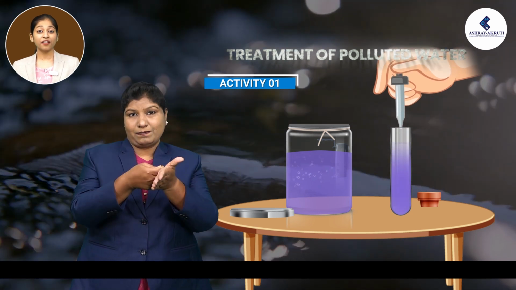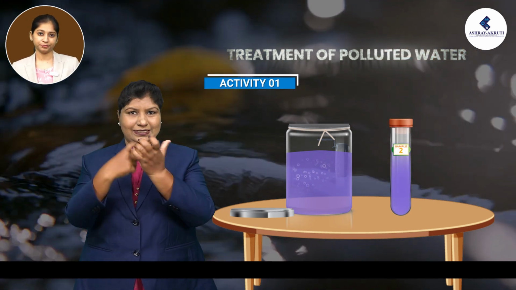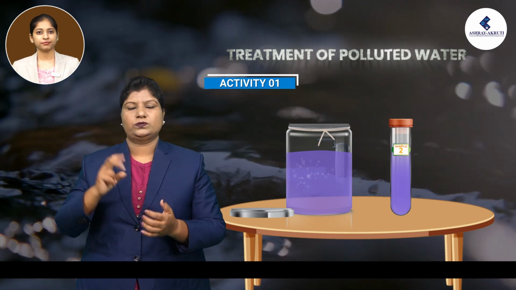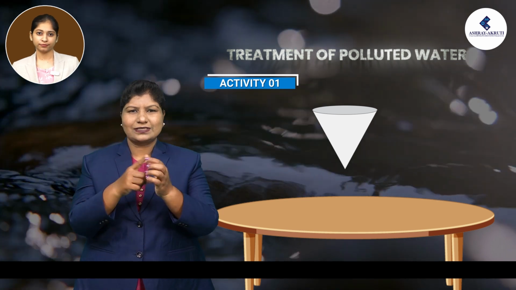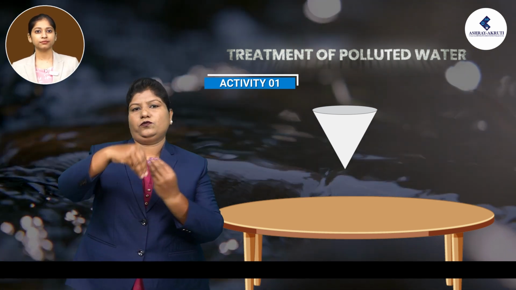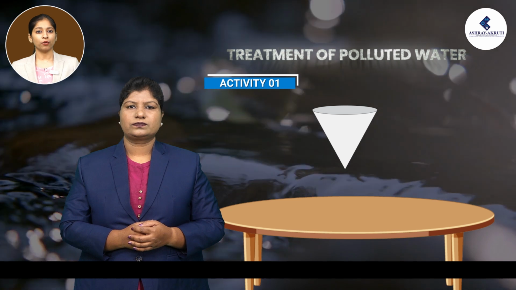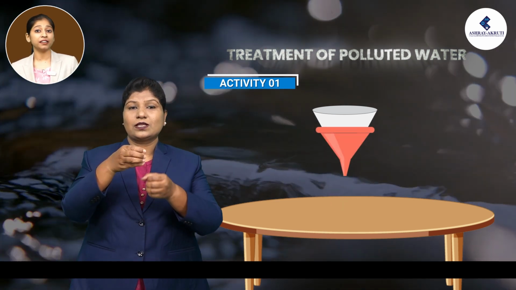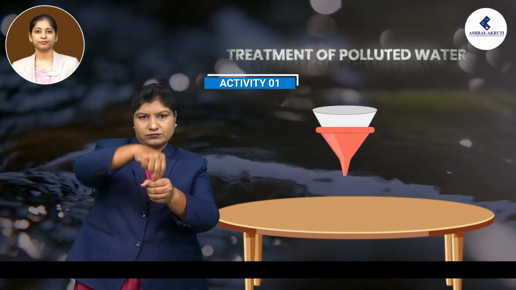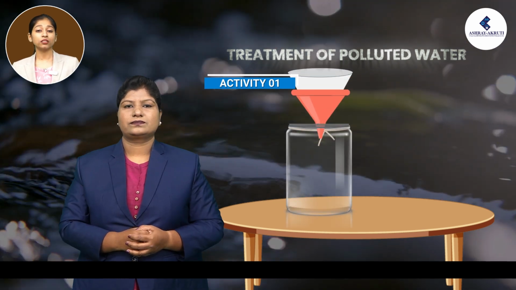Label it as after aeration sample 2. Fold a piece of filter paper to form a cone. Wet the paper with tap water and then insert the cone in a funnel. Mount the funnel on the support.